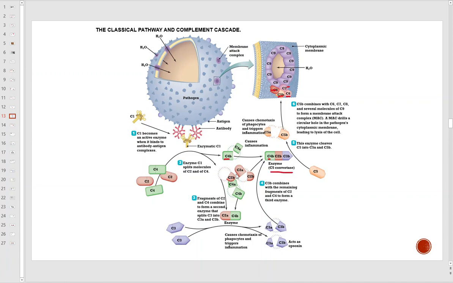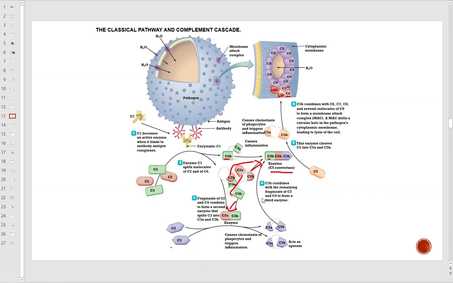C2B, C2A, C2B is going over there. Well, they've already got that shown right there. And then C2A and C4B, the part that doesn't go there, there's some left over, are going to combine, and these are the guys that are going to split C3 into C3A and C3B.